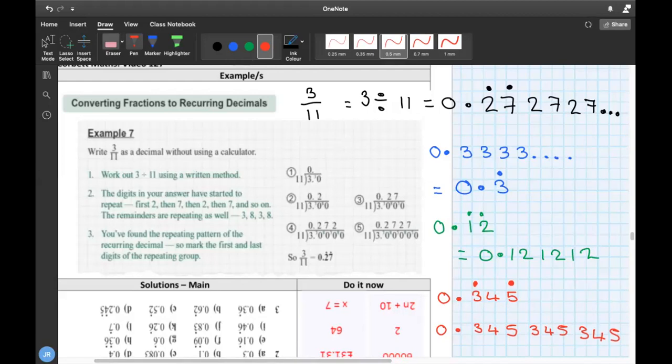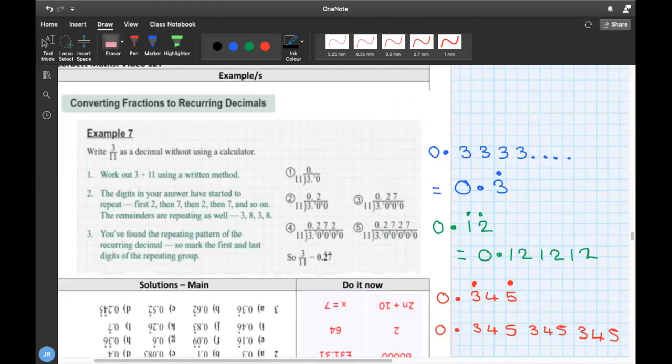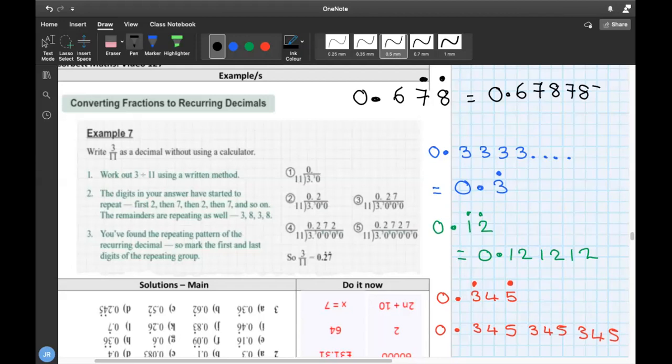The final one that I'm going to show you is when some of the digits at the beginning don't actually recur. That might look something like this. If you've got 0.678, but you've only got the recurring symbol here and here, you would still have that 0.6 at the start, but the only recurring digits are going to be the 7 and the 8. So it goes 7, 8, 7, 8, 7, 8 after that on for infinity.